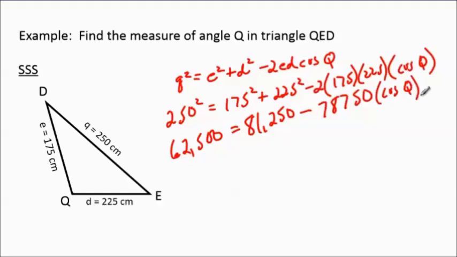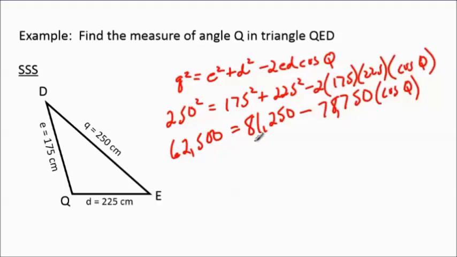Okay, now this is the part that a lot of people make a mistake. You can't subtract 78,750 from 81,250 because this is a number, but this is a number times the variable that we have. So it's kind of like 5 minus 2x. You can think of it as this is a variable expression, this is a number expression. So I can't subtract those, just like 5 minus 2x doesn't become 3x.